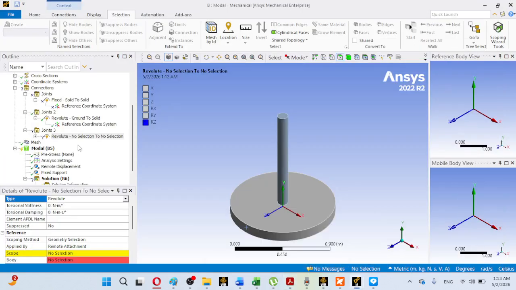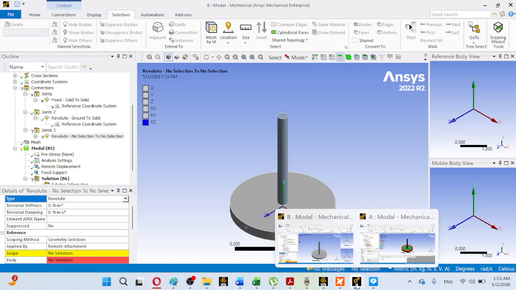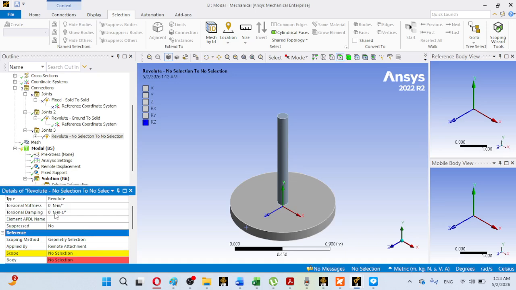So a very important thing here is that you must observe the units, because you will be making a mistake here. The unit you will be inputting for torsional stiffness is Newton meter per degree.